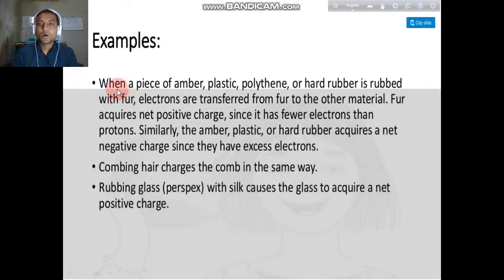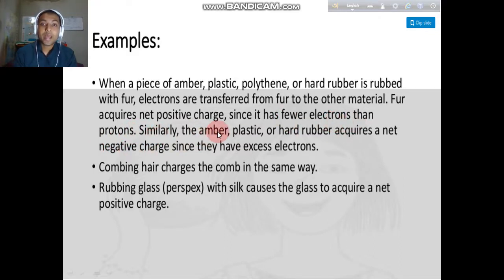Examples: when a piece of amber, plastic, polythene or hard rubber is rubbed with fur, the hair of animals, electrons are transferred from fur to the other material. Fur acquires a net positive charge since it has fewer electrons than protons.